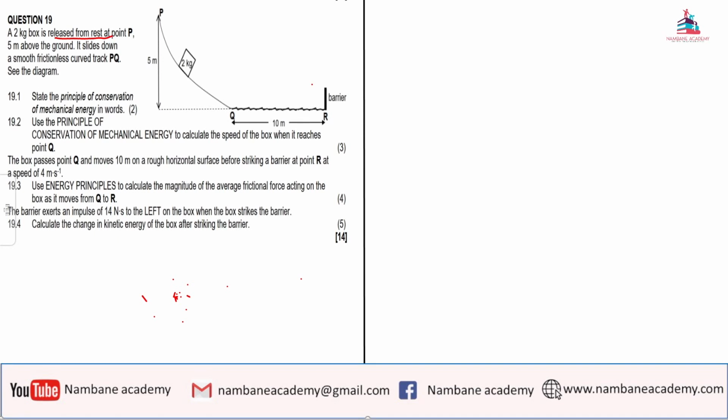State the conservation of mechanical energy. So the conservation of mechanical energy just says the total mechanical energy in an isolated system remains constant or is conserved. So that is now an easy 2 marks.